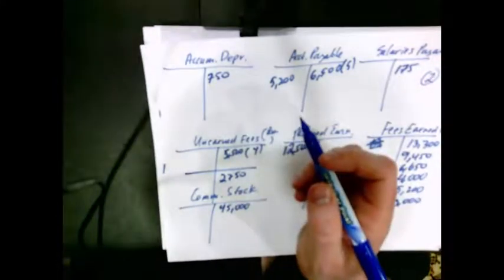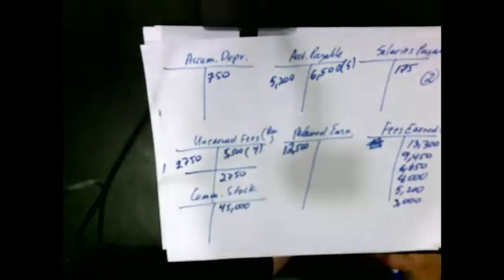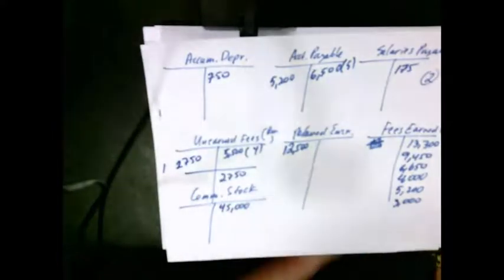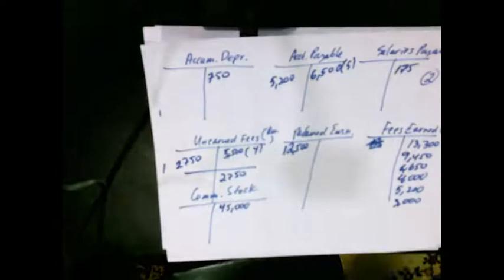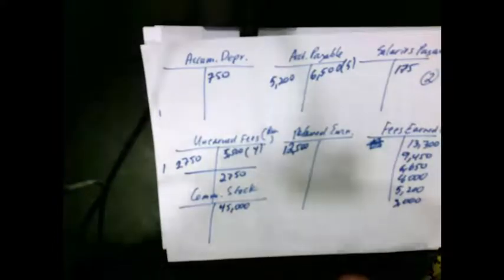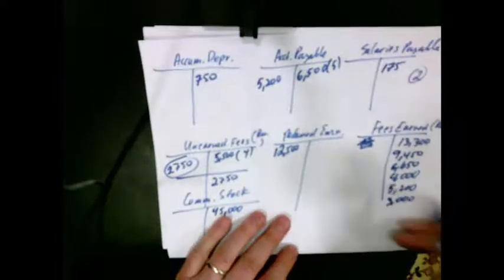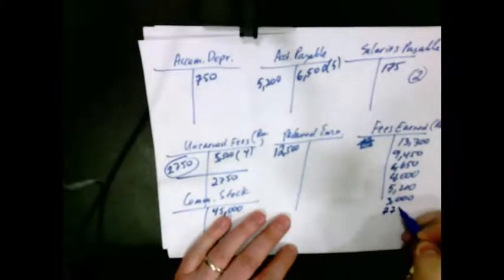So that's $2,750 of fees actually earned to make it balanced, right? I'm just going to check my arithmetic. Yes, I am right. So this is a debit to unearned fees, and the credit should go to regular fees, $2,750.